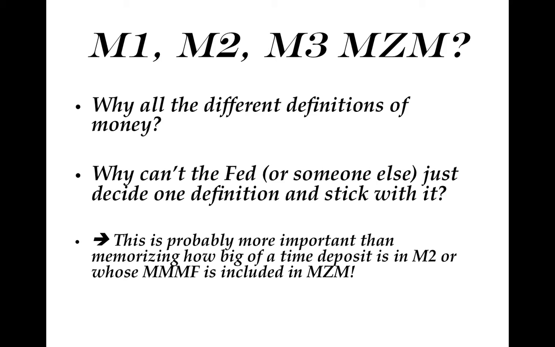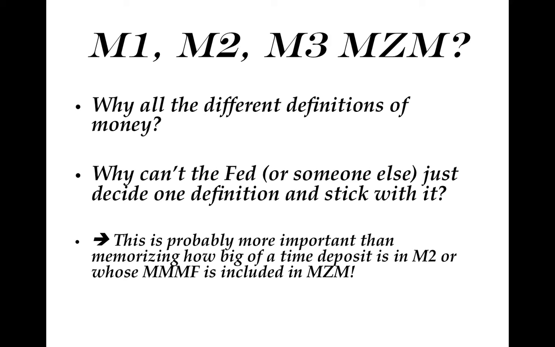Well, here we are thinking about all these different monetary aggregates or measurements of the money supply, M1, M2, M3, MZM. Why do they need all these different definitions of money? Why can't the Fed just decide on one definition and stick with it? Understanding the answers to those two questions is more important than memorizing all the specific details of the minor and trivial near monies that are part of M2 or MZM.